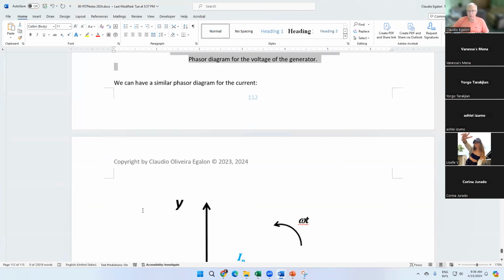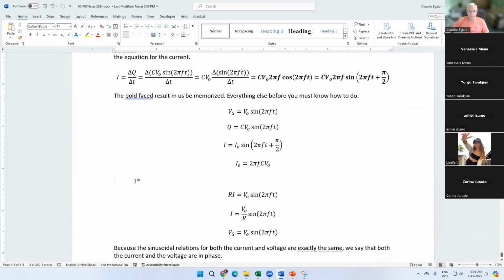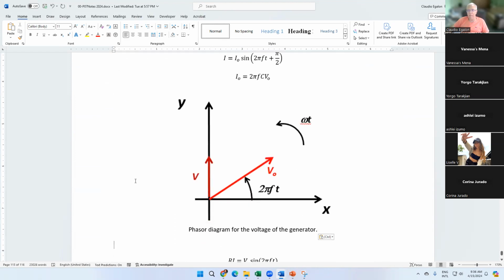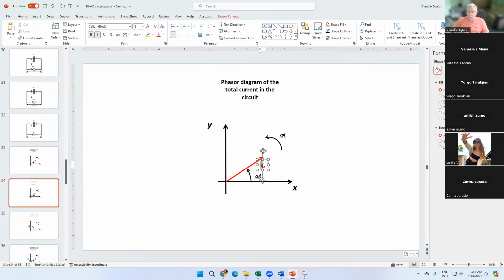So here you go. Phasor diagram for the voltage of the generator. We can even illustrate a phasor diagram for the current as well, right? We can do that as well. And the charge is in phase with the voltage. I'll put it here, Q naught.